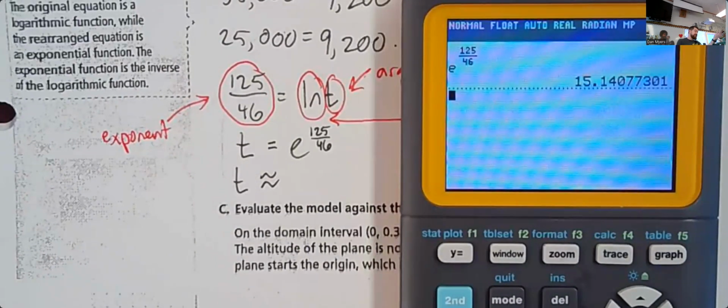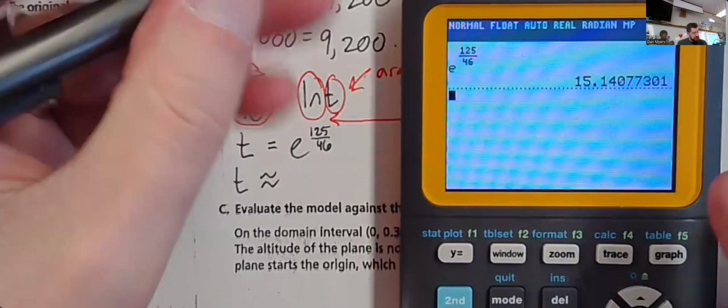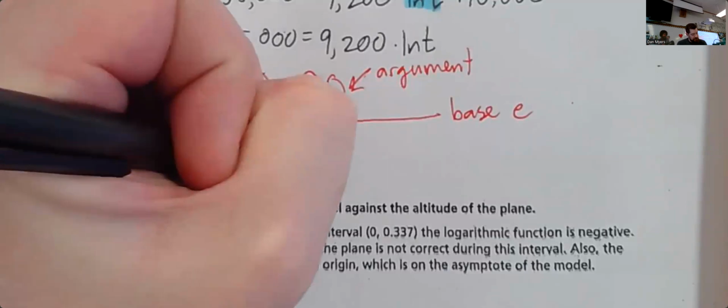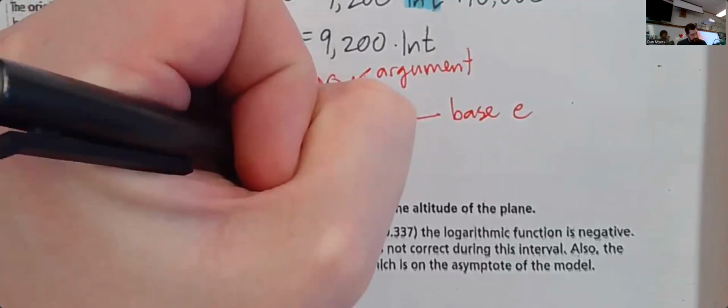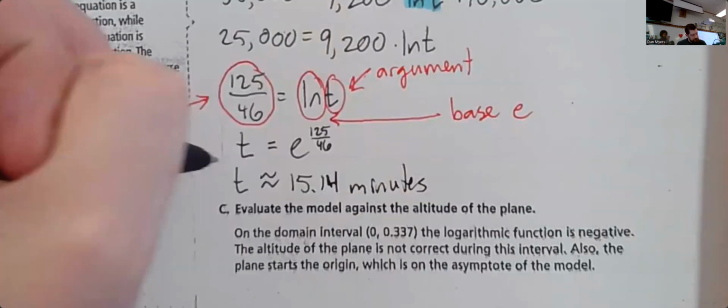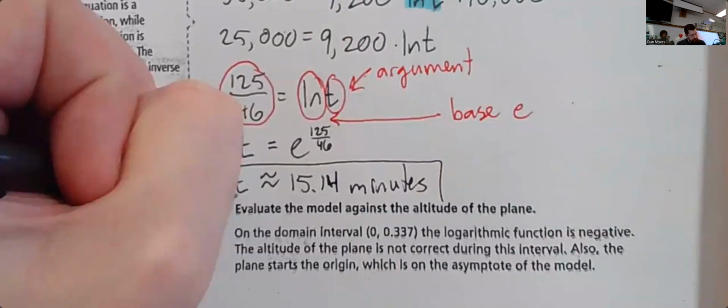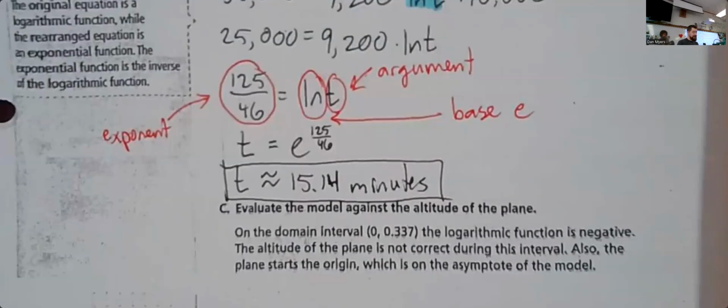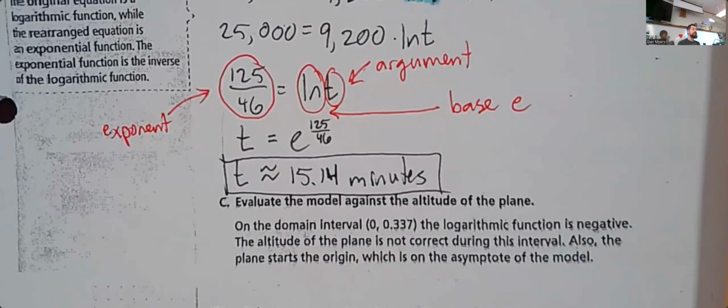There you go, about 15 minutes, makes sense. So, about 15.14 minutes. To climb to an altitude of 35,000 feet, it's going to take just a little bit more than 15 minutes. Cool.